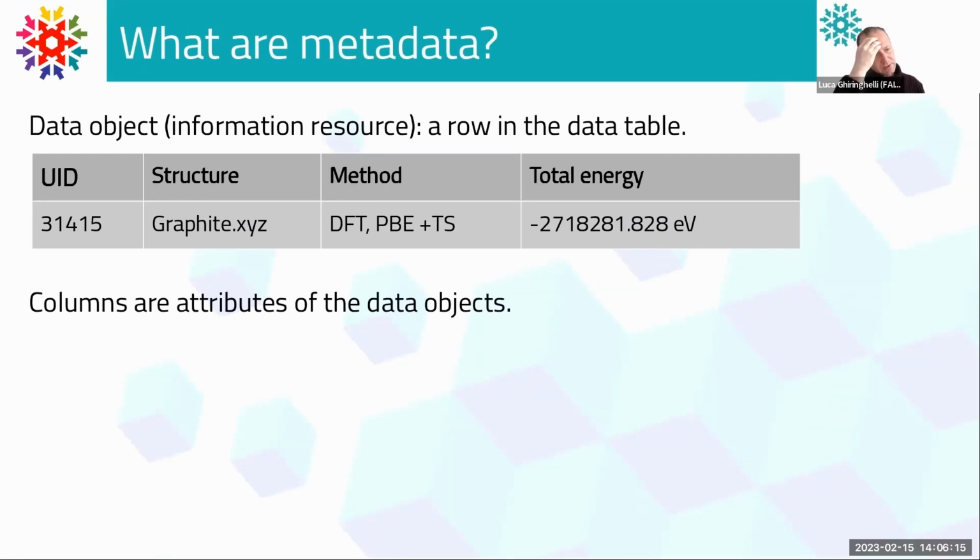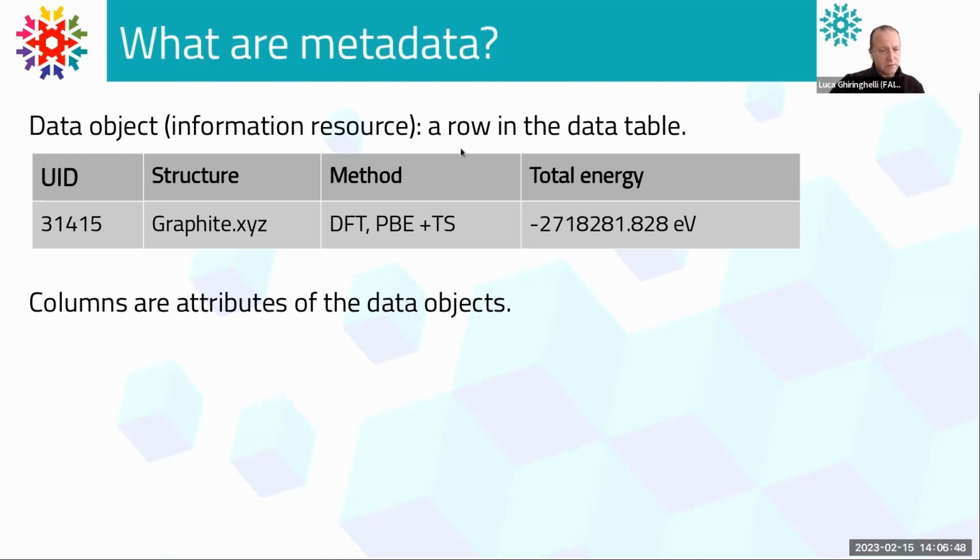So I used many times the word metadata already, and both of us have the intuitive understanding of what metadata is, but I would like to spend a few words on what metadata means at a more technical level, from a perspective of data science. So first of all, one has to keep in mind the concept of data object. In some contexts, it is also called information resource.